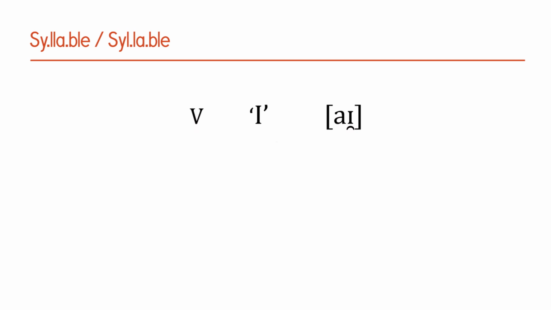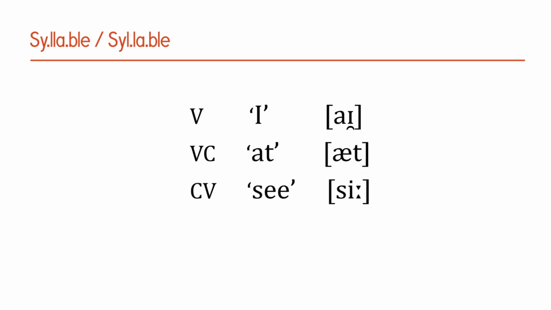If you look at the word at, it consists of a vowel and a consonant, right? If you look at the word see, it consists of a consonant and a vowel. Now, if you look at the word ship, this is a consonant, this is a vowel, this is a consonant. So it's CVC.